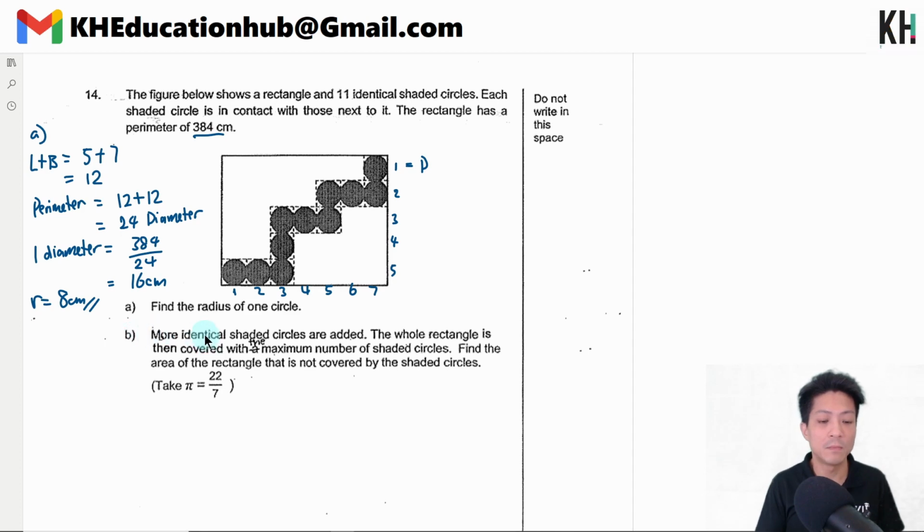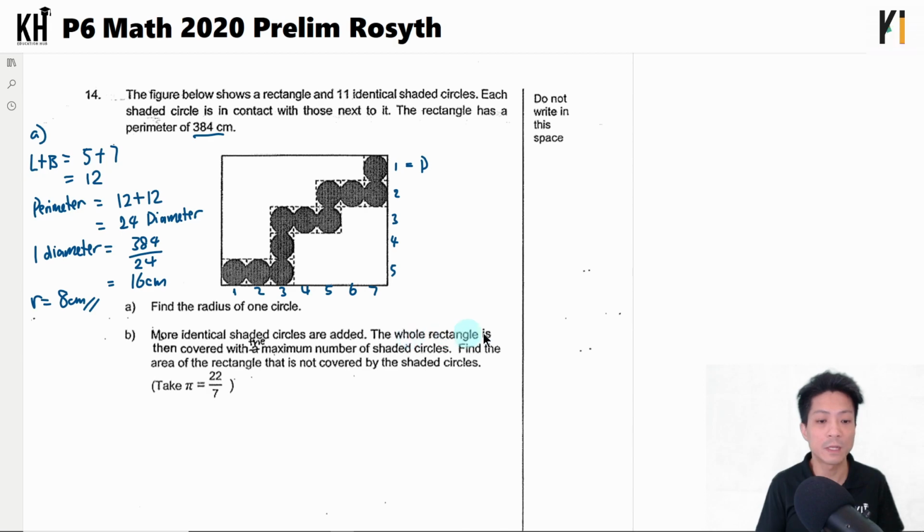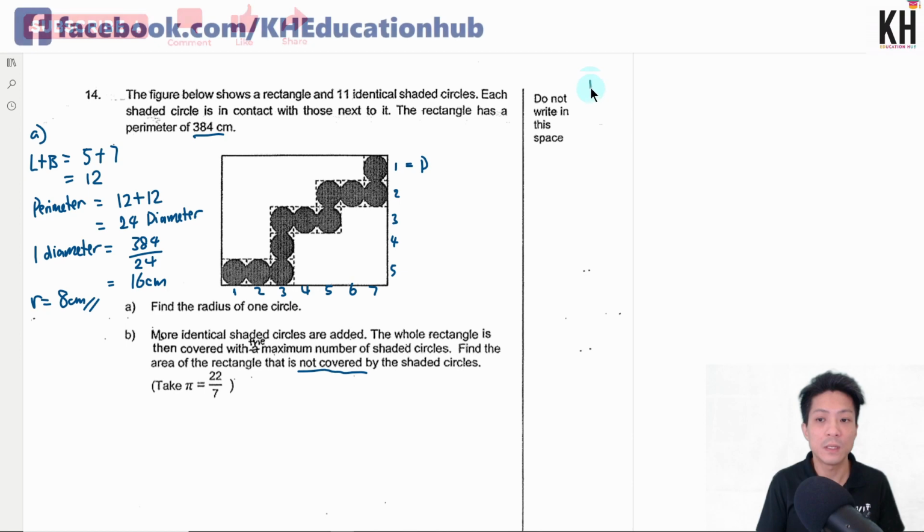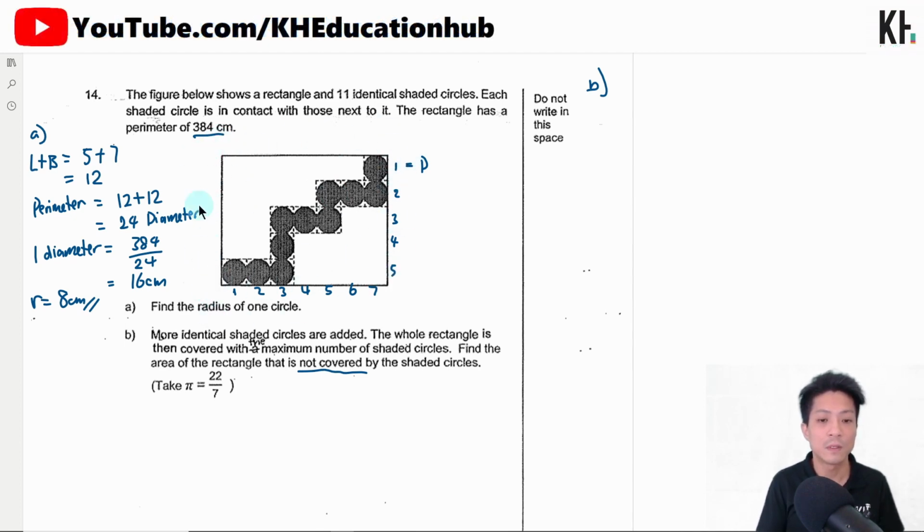Part B, more identical shaded circles are added. The whole rectangle is then covered with the maximum number of shaded circles. Find the area of the rectangle that is not covered by the shaded circles. So to find that area, the plan is we're going to use the area of the whole rectangle minus away the total area of the circles.